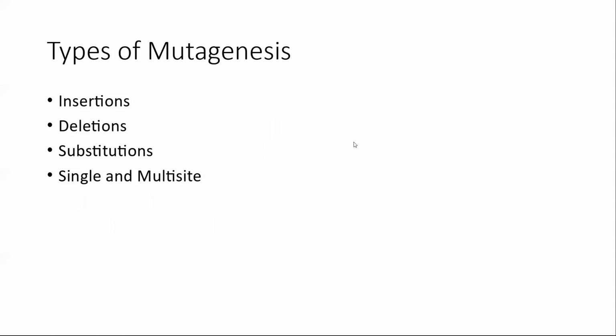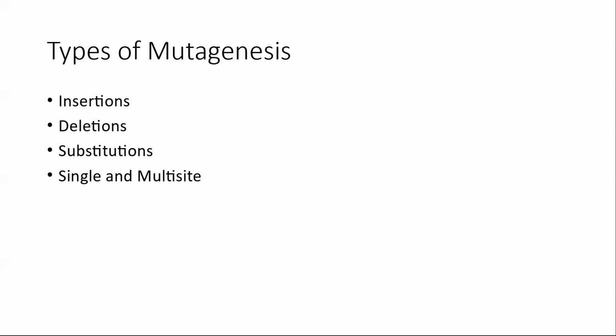There are 3 types of mutagenesis and then 2 implementations of the types. The types are insertions, deletions, and substitutions. The 2 implementations are single and multi-site. So single site is typically a stretch of DNA that can be handled by 2 primers, or in the case of mutagenesis, you can sometimes use 1 primer, since we only need to amplify in one direction, because we're going to linearize the whole plasmid.